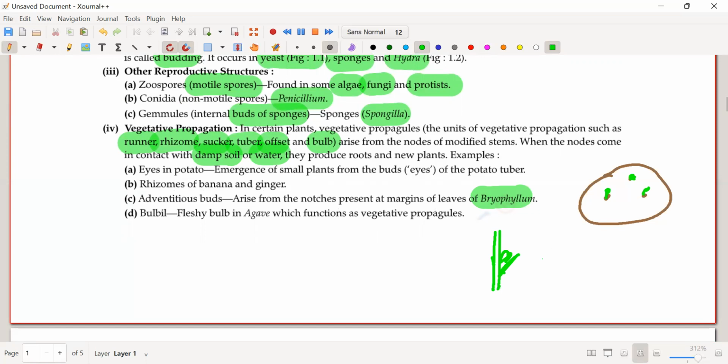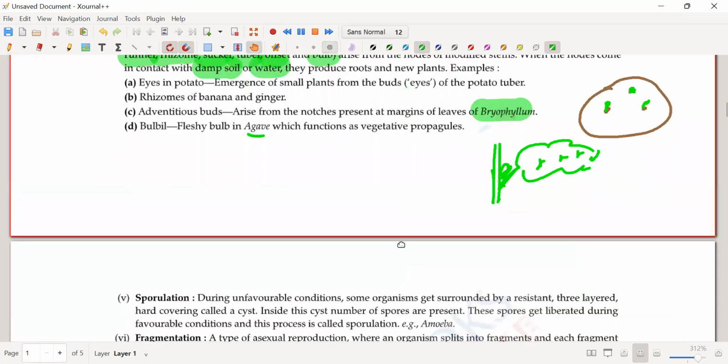This falls down and gives rise to a separate plant. In the leaves of Bryophyllum too, there are small rooted buds. These fall down and automatically form a new plant. Then bulbil, a fleshy bulb in agave, which functions as a vegetative propagule.